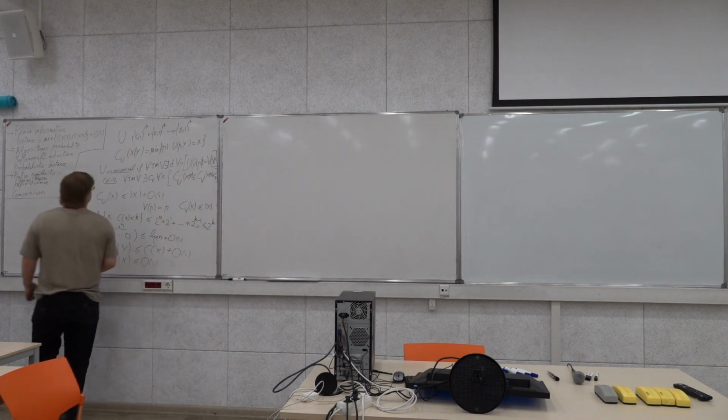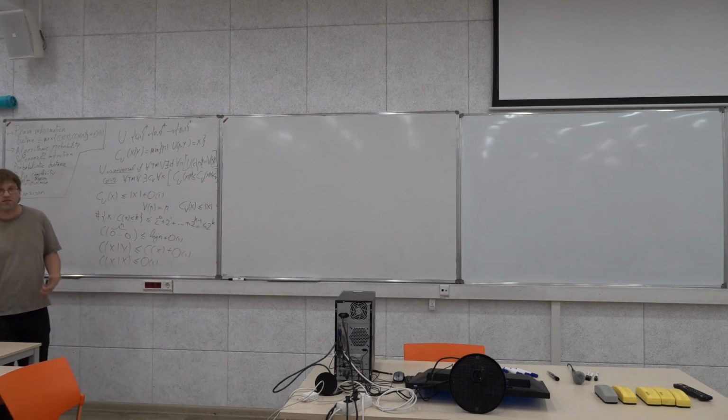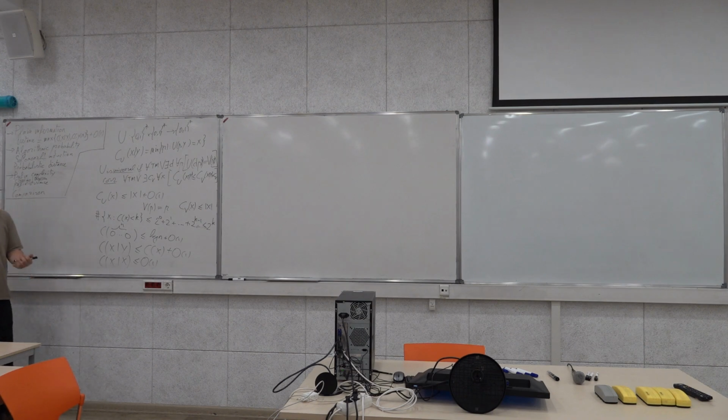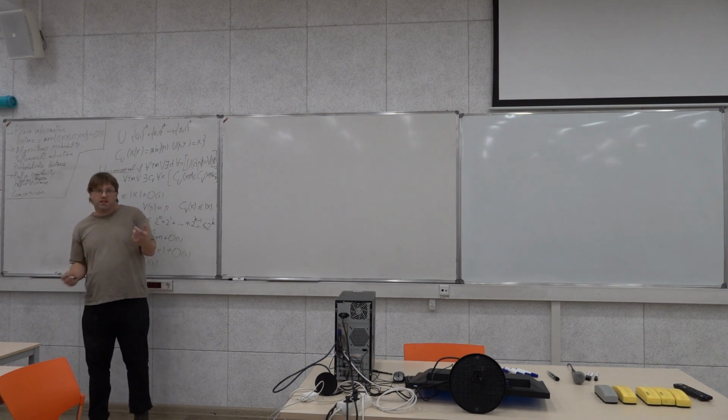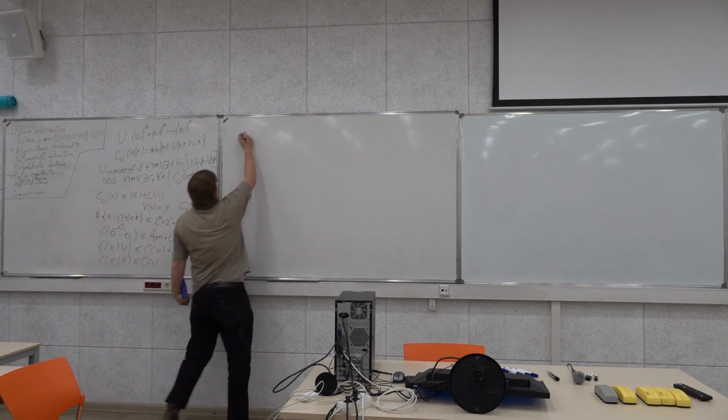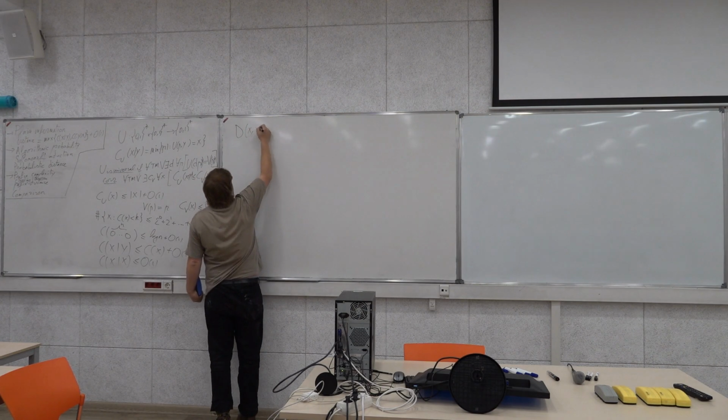Yes. So let us now say what information distance is. The information distance of two strings is the minimal length of a program that maps the first to the second as well as the second to the first. So let me write the definition.